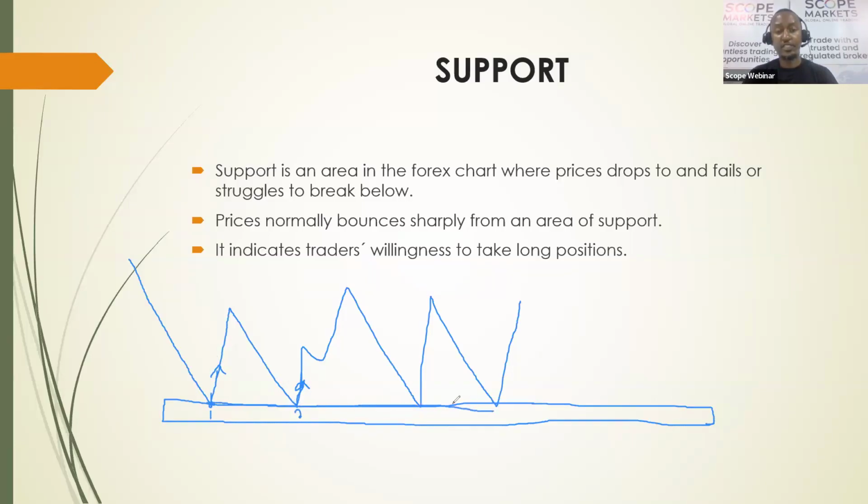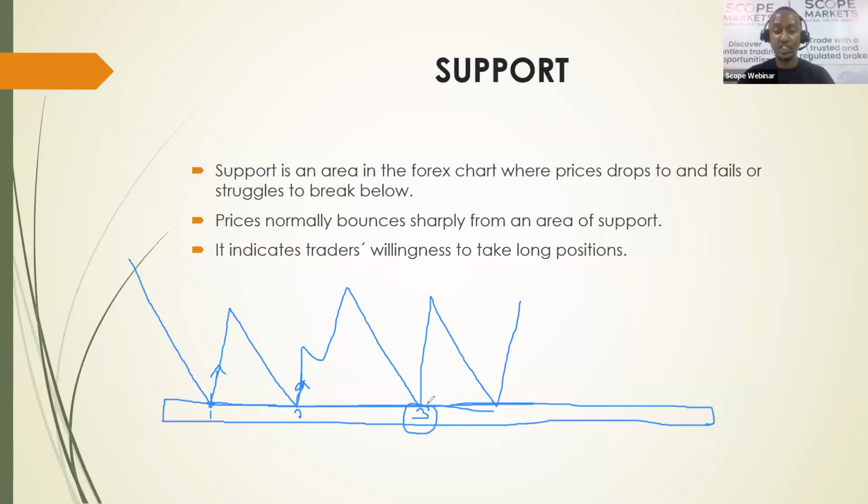Now we want to see the third move here, which is very critical. This move is what we use to validate or confirm a point of support, okay?